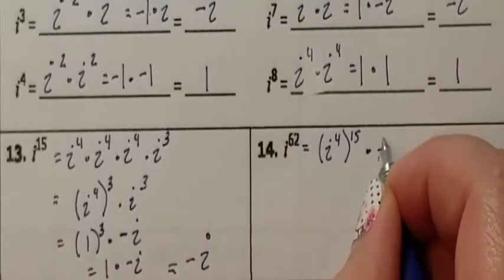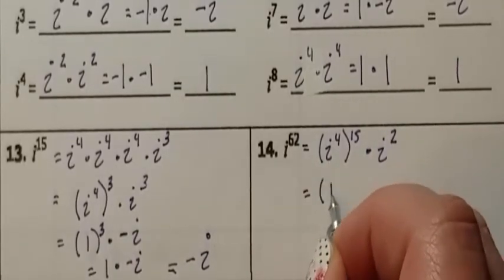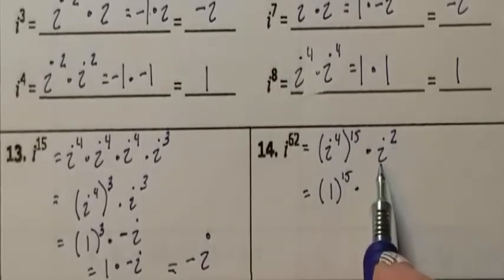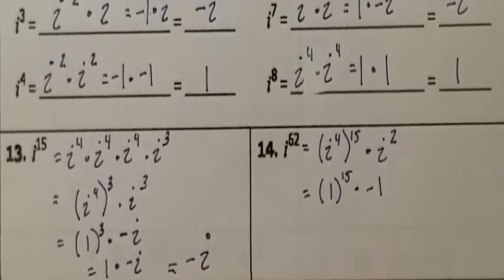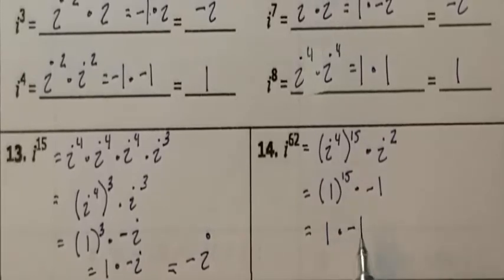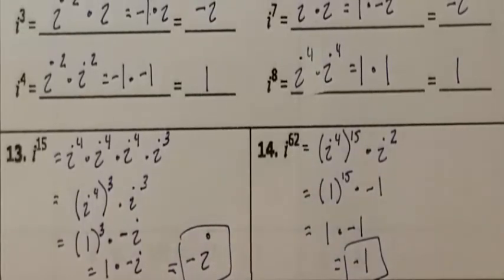I need 2 more to get to 62. So i to the fourth is 1, so I have 1 to the 15th. What is i to the second power? You said it was negative 1. 1 to the 15th power is 1, times a negative 1, which is negative 1. So you just simplified i to the 62nd to be negative 1.